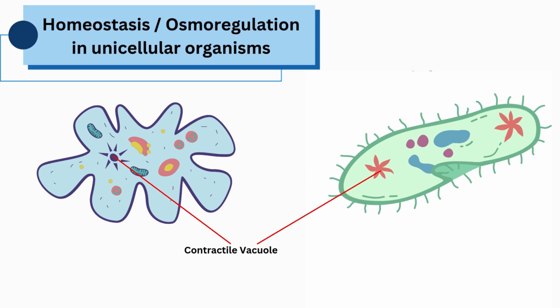Unicellular organisms such as amoeba and paramecium possess a contractile vacuole, which enables them to carry out osmoregulation. The cell content of these animals is hypertonic to the external medium. That is, their bodies are higher in concentration than the medium where they find themselves.